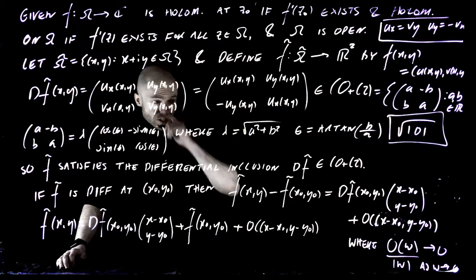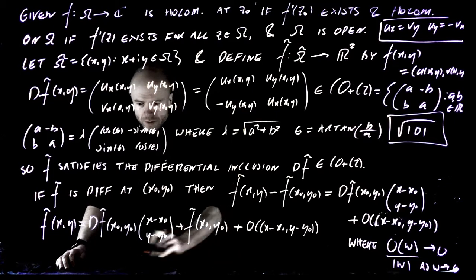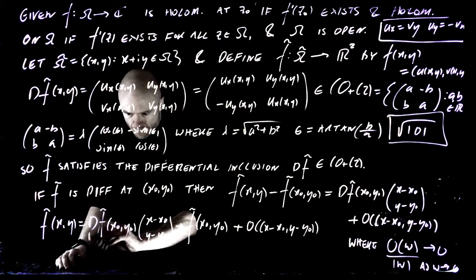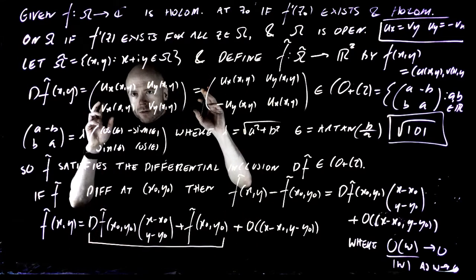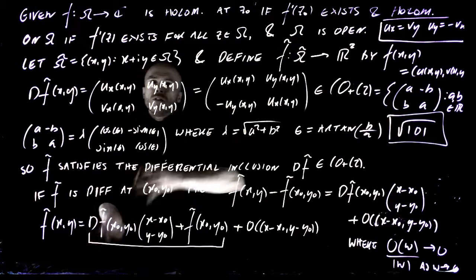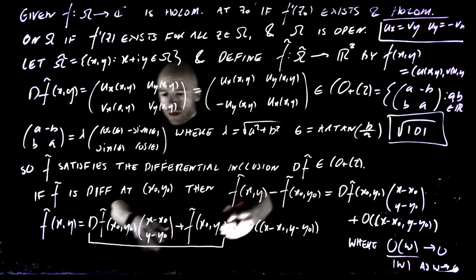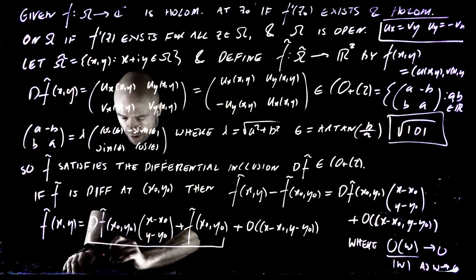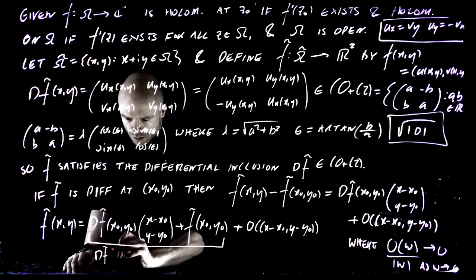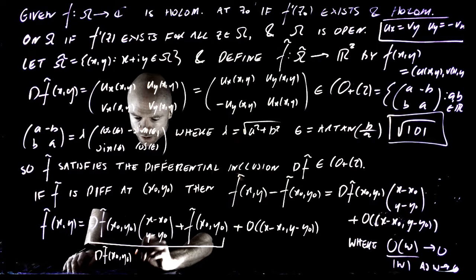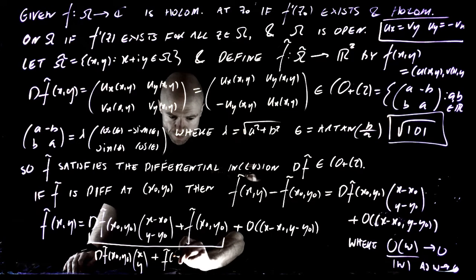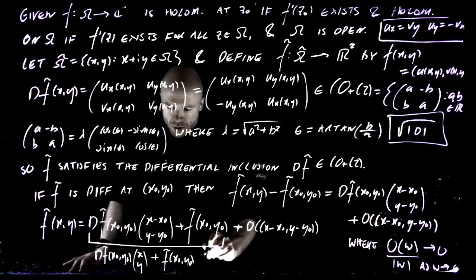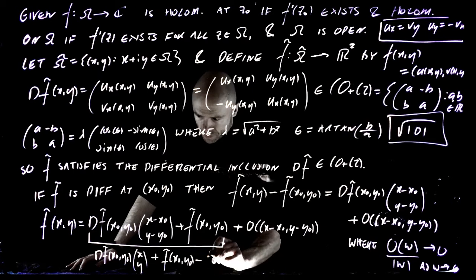Yeah, and this thing right here is the tangent line, except now the tangent line is an affine mapping from R2 to R2, right? And this part right here is the linear part, so the gradient of F tilde at x0, y0 acting on x, y. This is the linear part, and the affine part is this vector minus this vector.